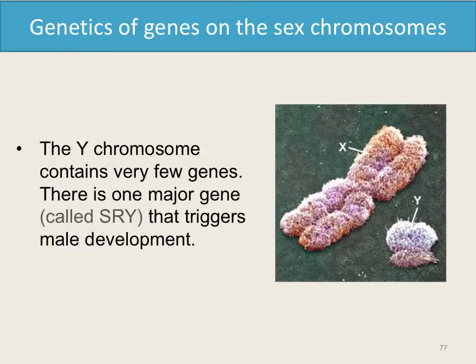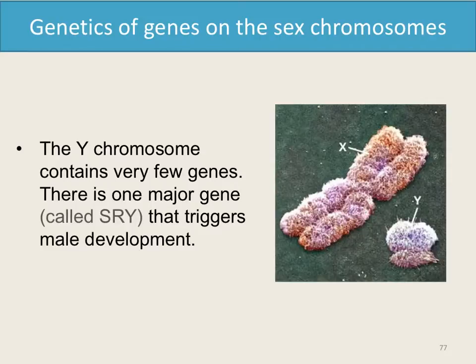In incomplete dominance, let's say with a red flower and a white flower, you'll get pink. That's called haploinsufficiency. Not enough of the red pigment, which is a protein, is actually produced, because the plant has one normal copy and one red copy. Okay? Well, with sex chromosomes, it's exactly the same thing.